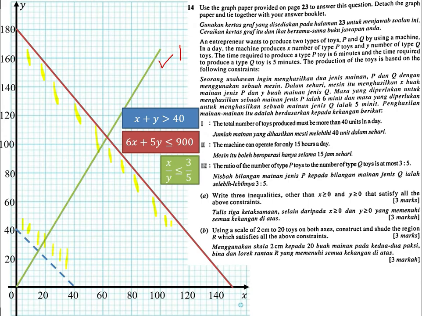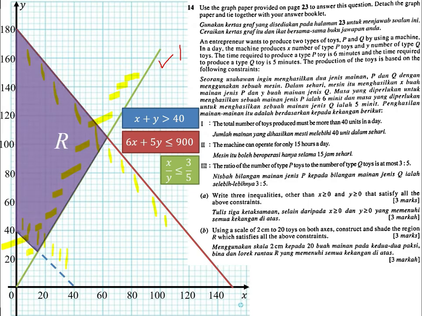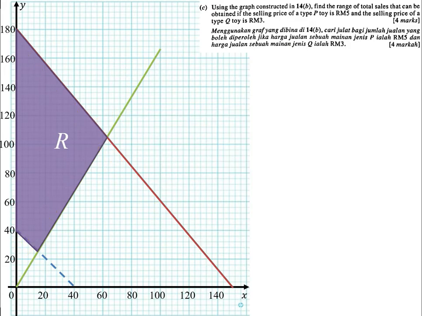Since x is less than or equal, we refer to the left-hand side. With this, we know that our shaded region is here. 1 mark.